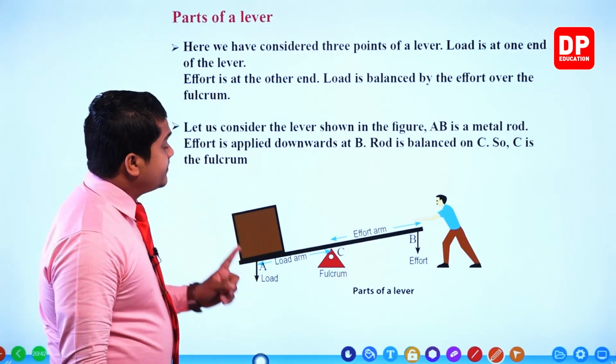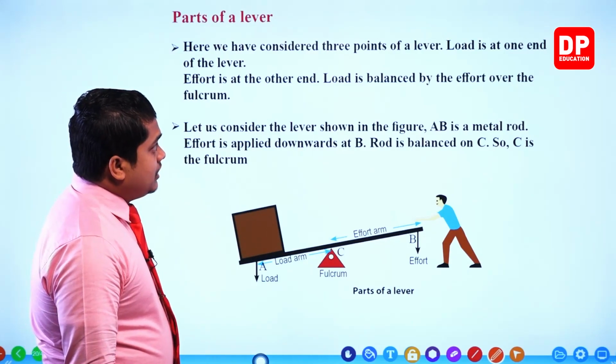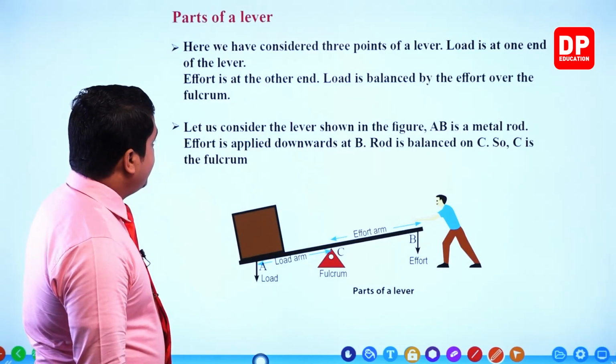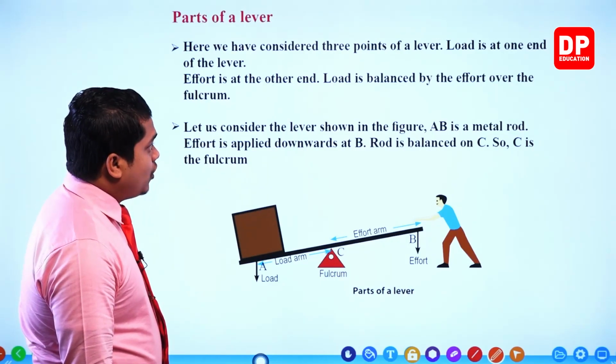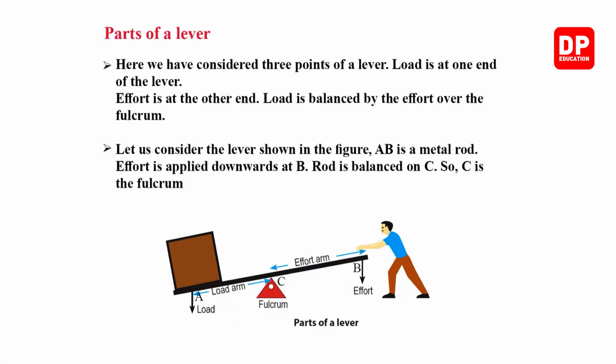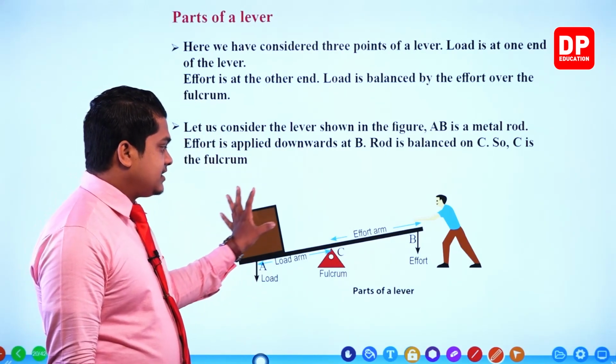Let's see once again. So here we have considered the 3 points of a lever. Load is at one end of the lever, effort is at the other end. Load is balanced by the effort over the fulcrum. So effort is at one end, load is at the other end, which is the weight of this thing.